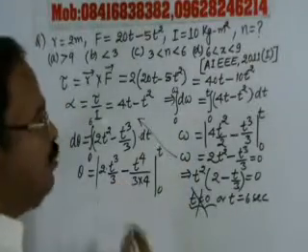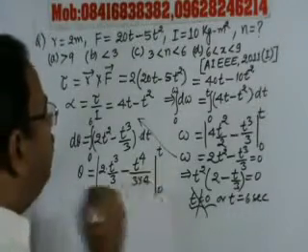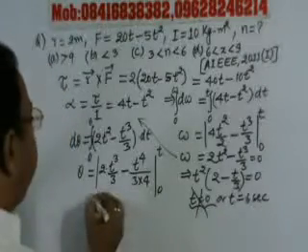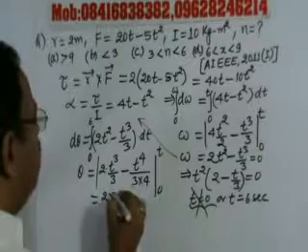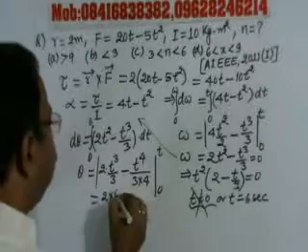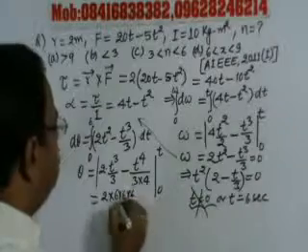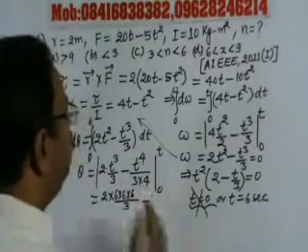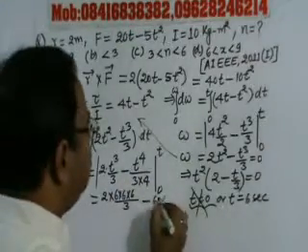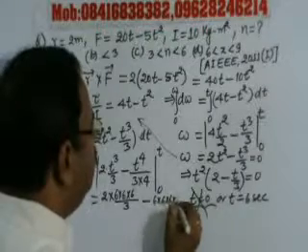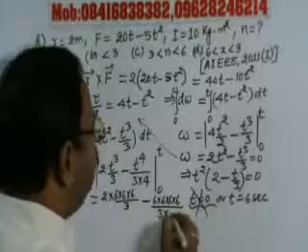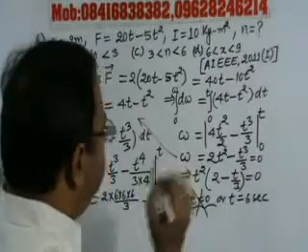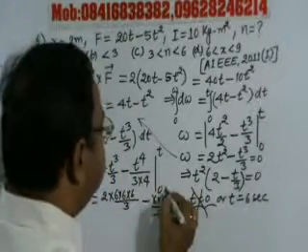So we have 2t cube by 3 minus t to the power 4 by 12. Putting t equal to 6, we get 2 into 6 into 6 into 6 divided by 3, minus 6 into 6 into 6 into 6 divided by 12.